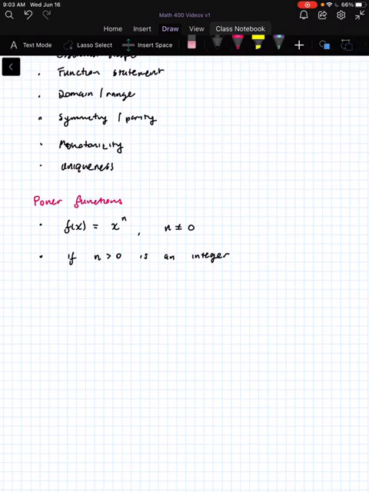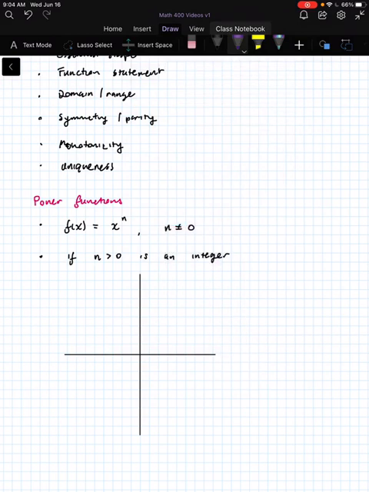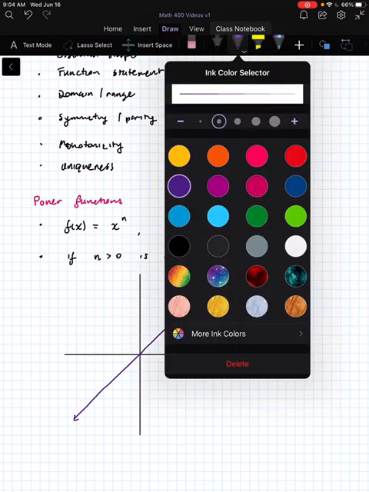And the graphs will look something like this. I'm going to draw the quintessential first. So here is y equals x. So x to the 1 power is a power function.